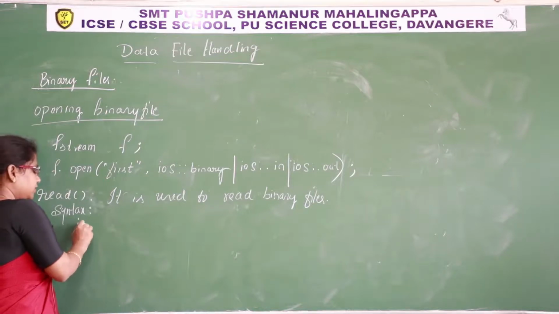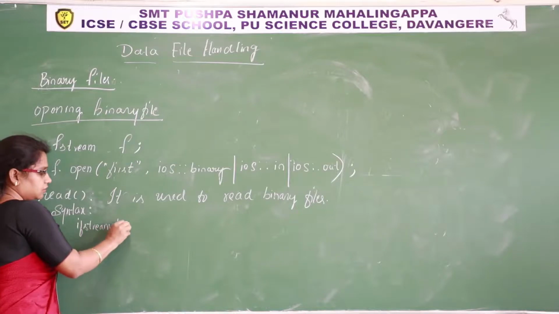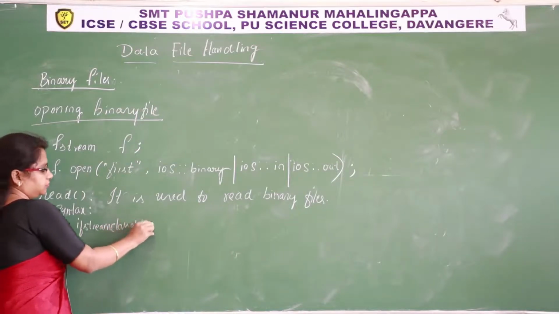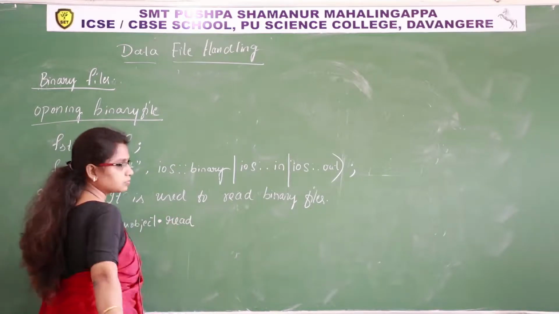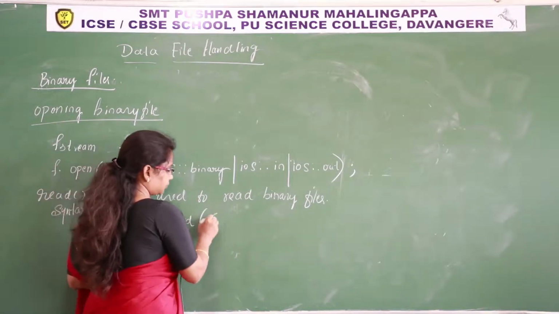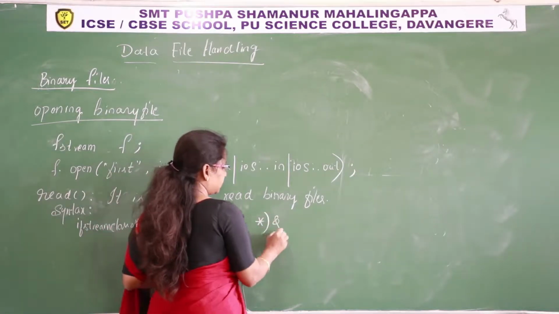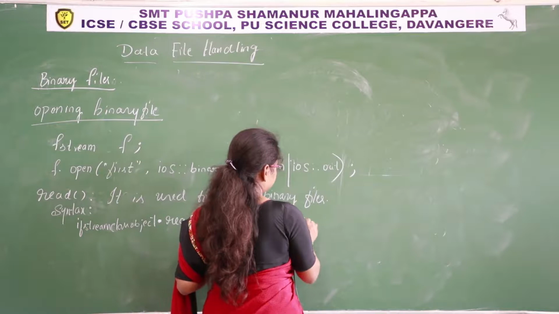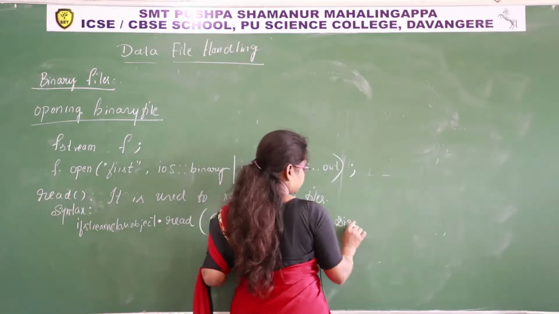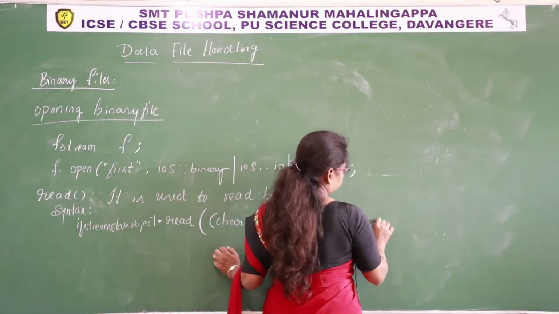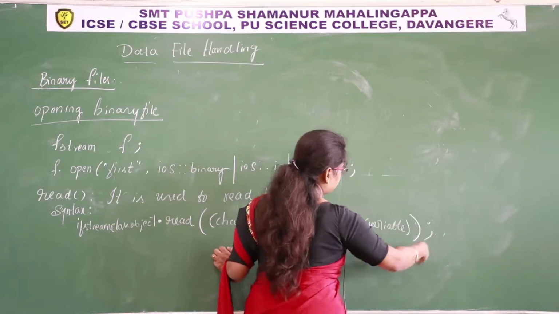So ifstream class object dot read, then char star ampersand variable, comma sizeof variable, semicolon.